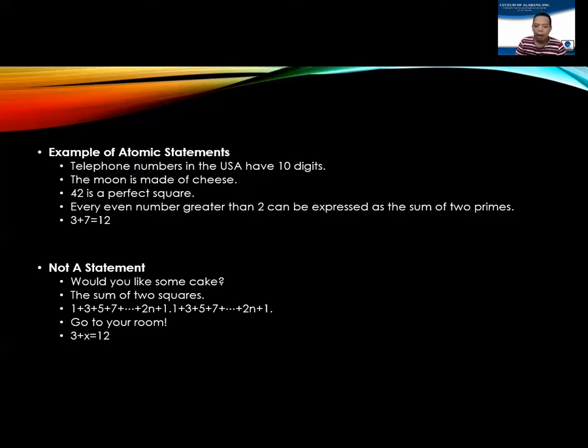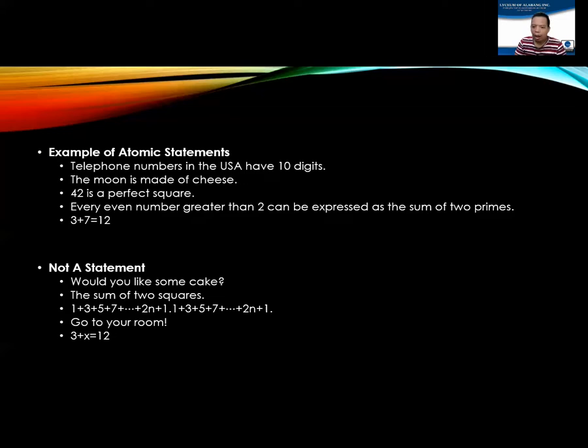This is again an even number greater than 2. This can be expressed as the sum of 2 primes, 3 plus 5. And 10 can be expressed as the sum of 2 primes, 3 plus 7. Same for 12, an even number which can be expressed as the sum of 2 primes, 5 and 7.